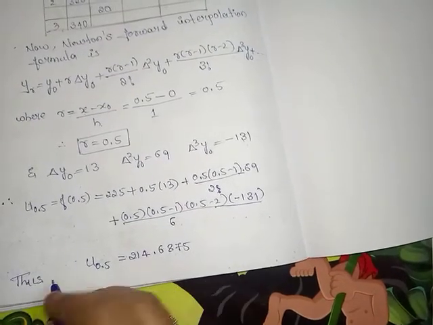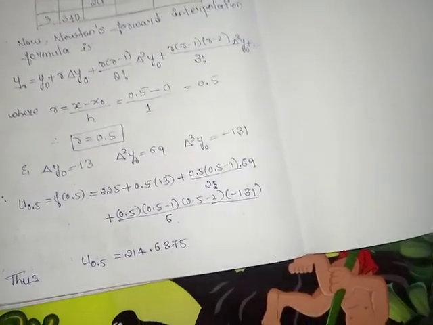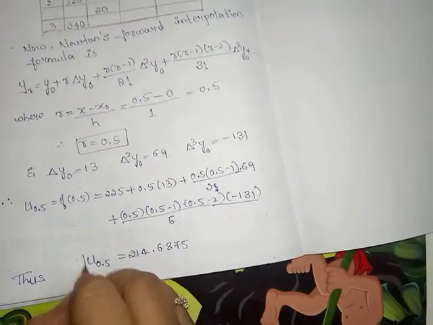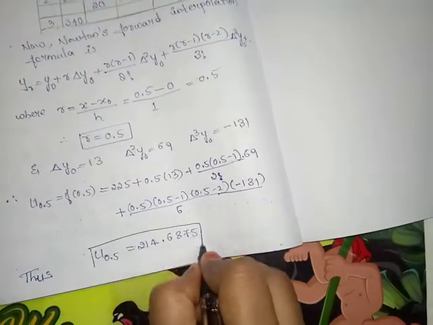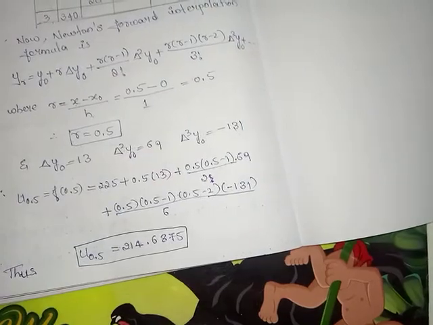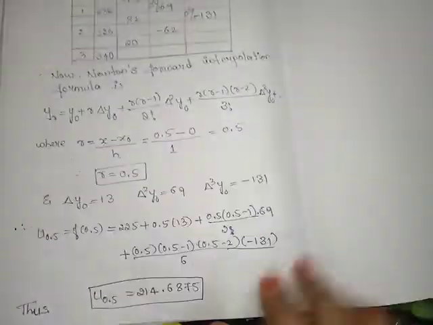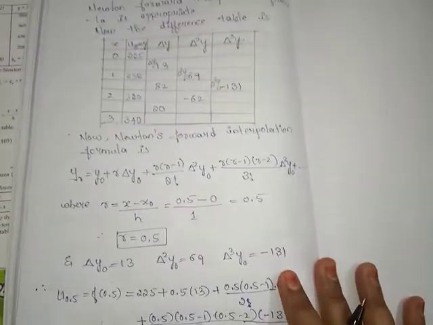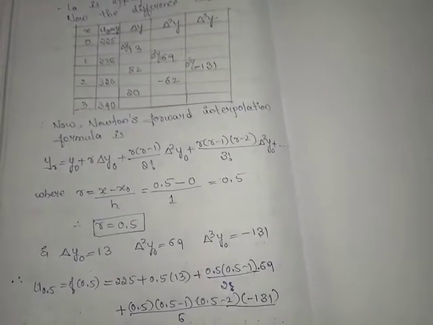Thus y at 0.5 is equal to 214.6875. This is how you have to find the results.